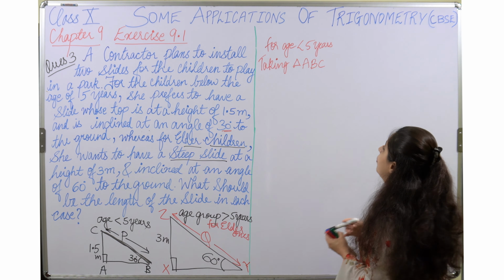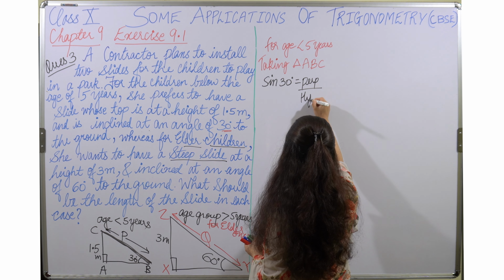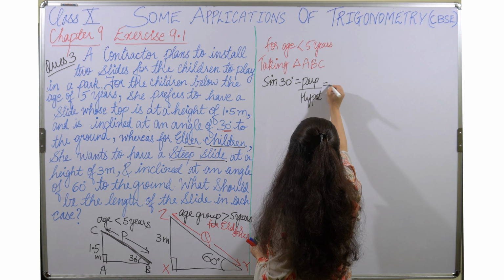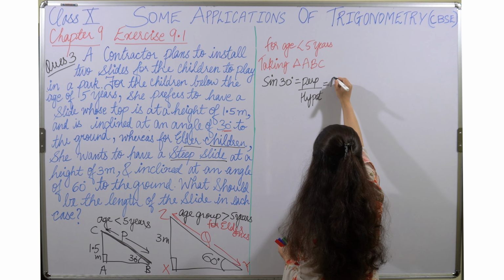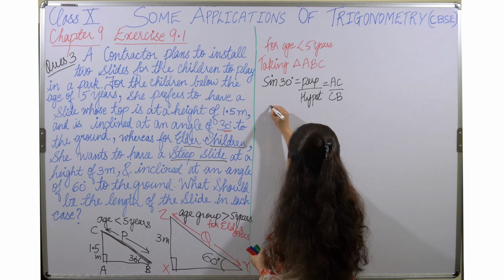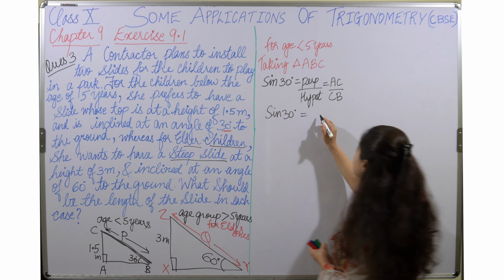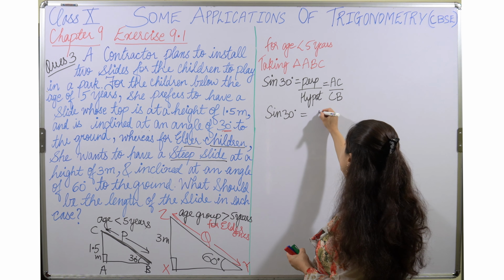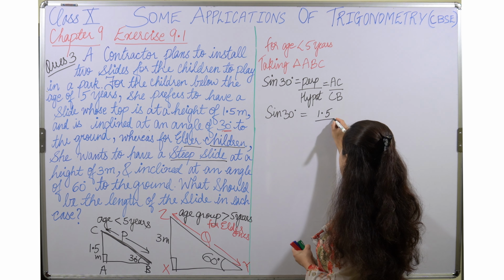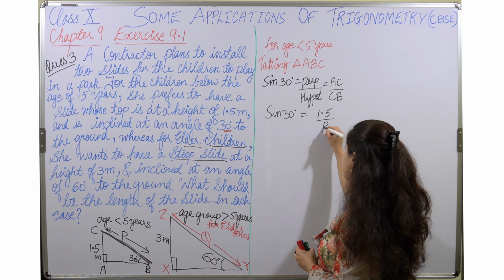Okay, so from here I can say sine 30 degrees will be equal to perpendicular upon hypotenuse, or I can say perpendicular is AC upon CB. Okay, so sine 30 will be equal to AC, I already know it is given to me 1.5, and CB I need to find out, which is my P.